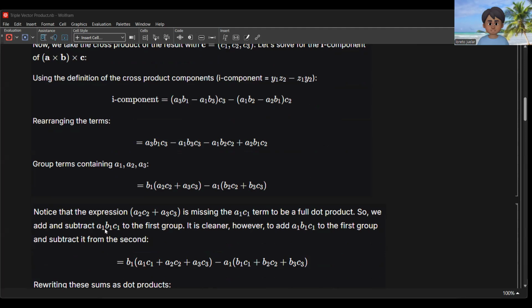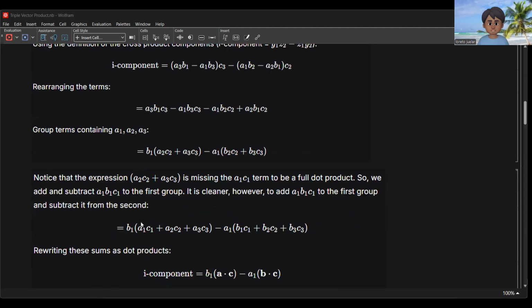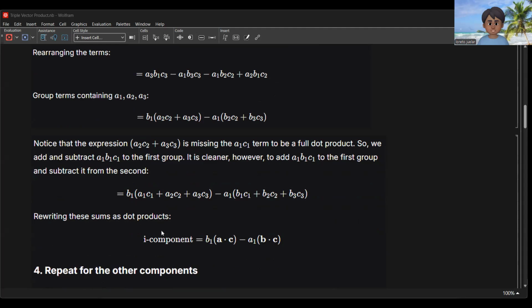So we add and subtract A1B1C1 in the first group, and subtract it from the second. Add and subtract A1B1C1 here, and minus A1B1C1 here. Now rewrite these terms as the dot product.